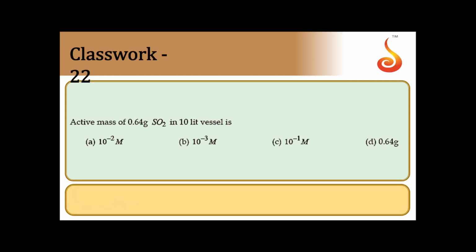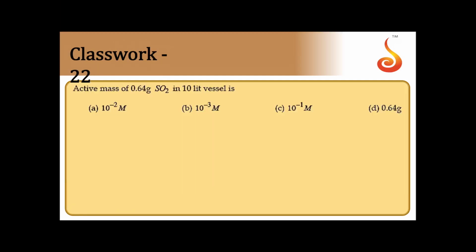Then the active mass of 0.64 grams of sulfur dioxide in a 10 liter vessel. Active mass is being asked. Active mass means molar concentration only, expressed in terms of moles per liter. So concentration in terms of moles per liter itself is called active mass.